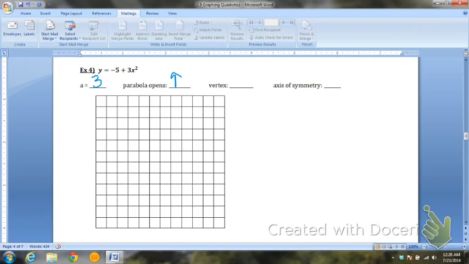The vertex is still going to be found the same way, but we can notice here that it's missing the linear term, so I can go ahead and put 0 as my first coordinate. If I plug 0 in for x, that means this term is gone, and the only thing I'm left with is negative 5. My axis of symmetry is still x equals 0.